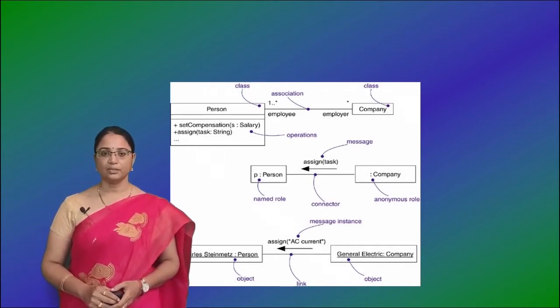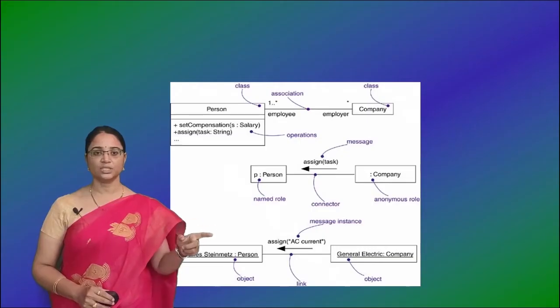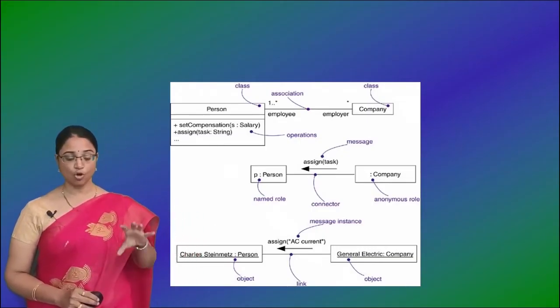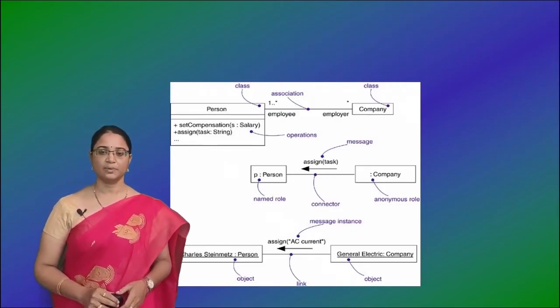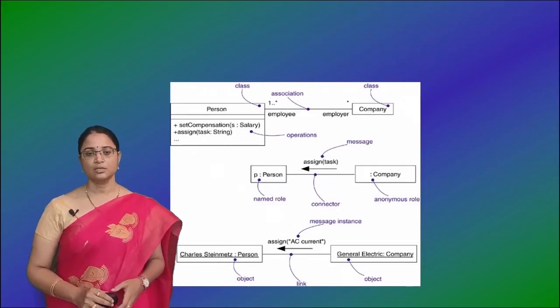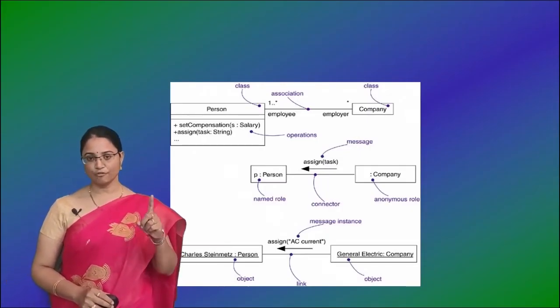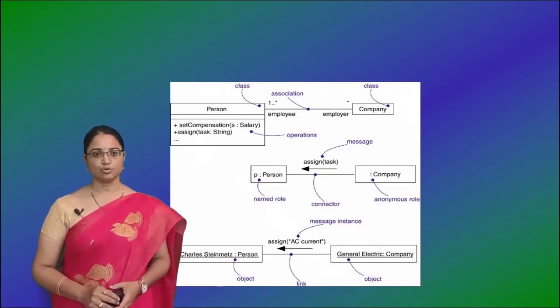For example, a multiplicity of 1 on a role means one object represents the role for each object in that context. As we know, multiplicity means how many objects are participating in that particular relation. We have already discussed this. If there is a multiplicity of 1, then only a single object is participating in that particular association.